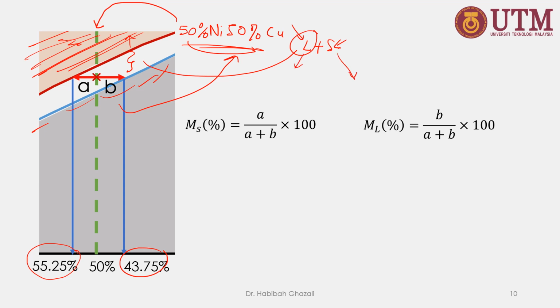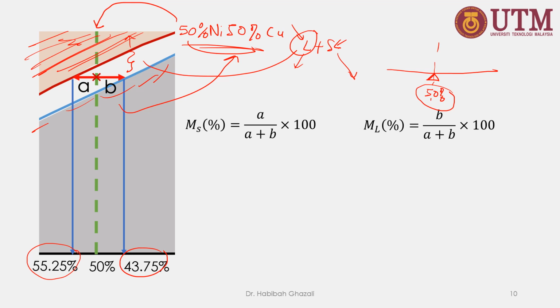So we can use the lever rule to determine this. You can draw this fulcrum of your balance. That is 50%, which is the alloy that you intend to fabricate. We know that in the end we will have an alloy that consists of 50% copper. So that is where our fulcrum will sit for our lever.